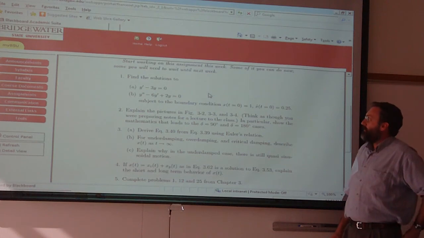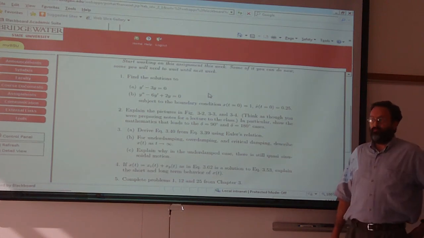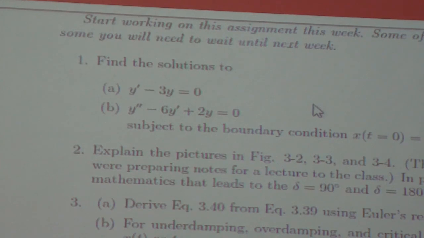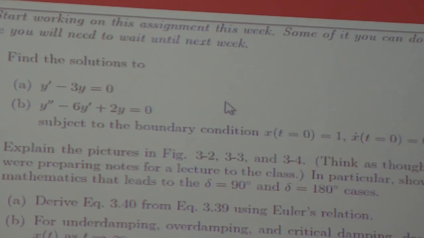Okay, so 1a is a first order differential equation. 1a, don't worry about it. Let's do 1b. Why do I have 1b being bad? That's got to be a dumb problem. Well, that's fine. We can do it. Why is 1b a dumb problem?